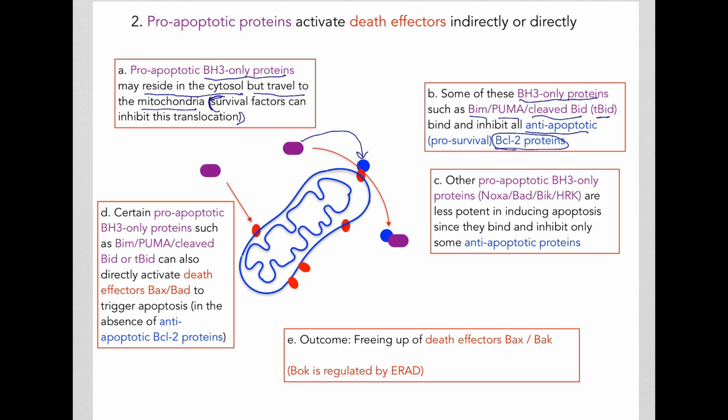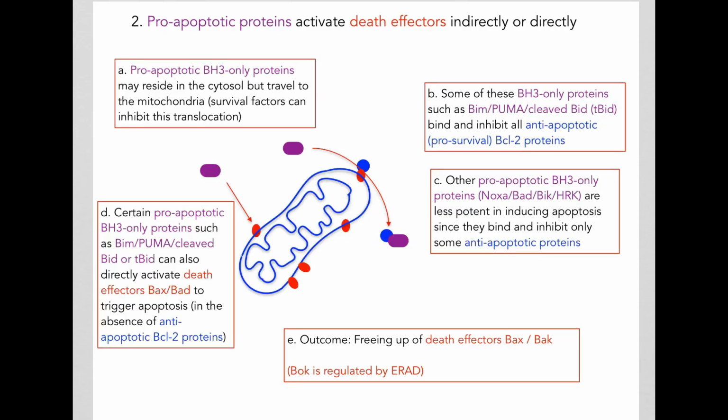So some of these proteins are very potent. They will inhibit all anti-apoptotic proteins. Other BH3-only proteins are less potent, for example, NOXA, BAD, BIK, and HRK. These bind and inhibit only certain anti-apoptotic proteins.